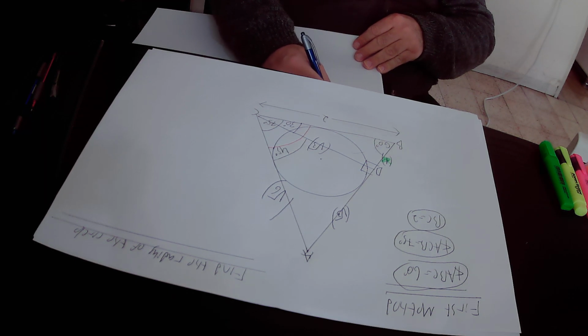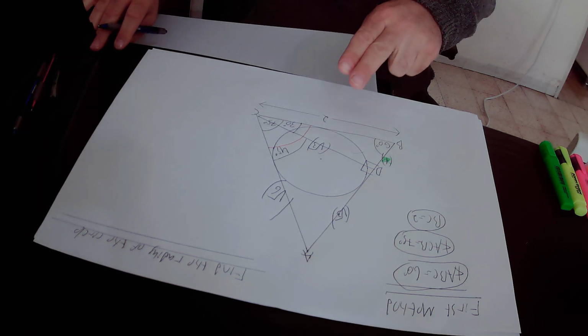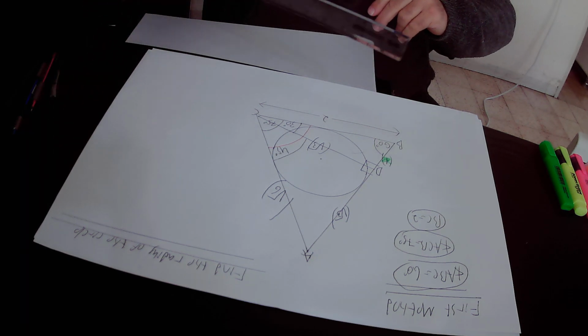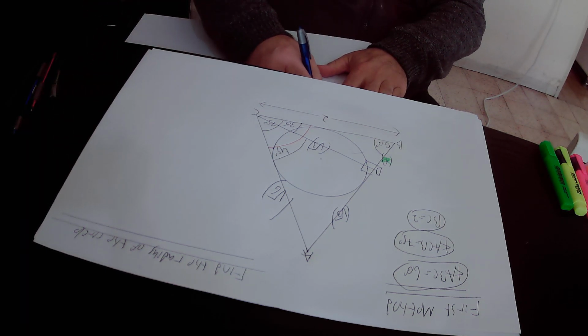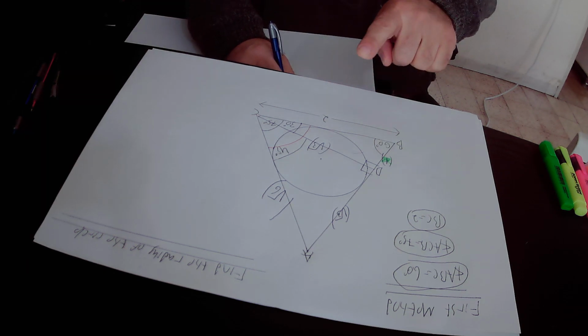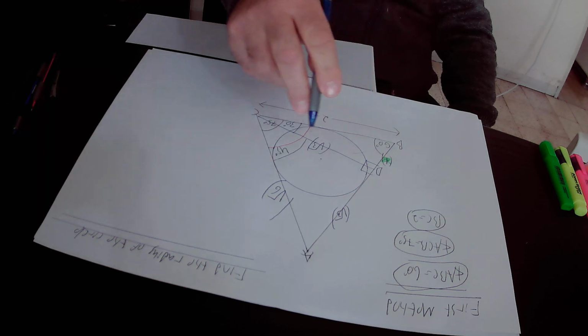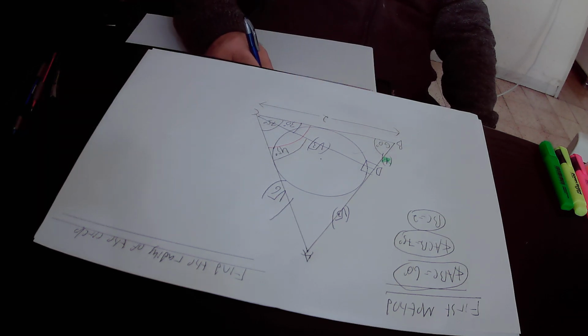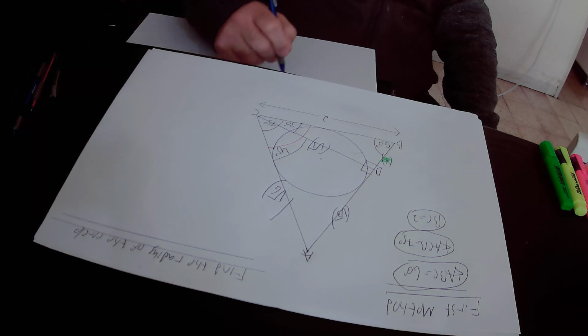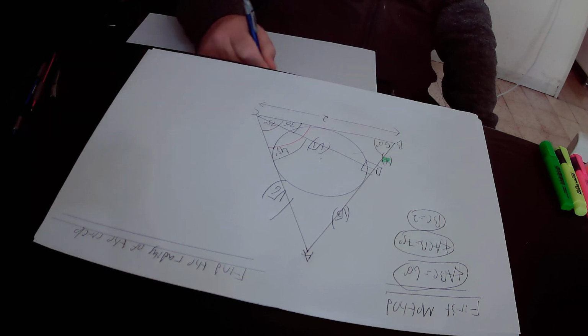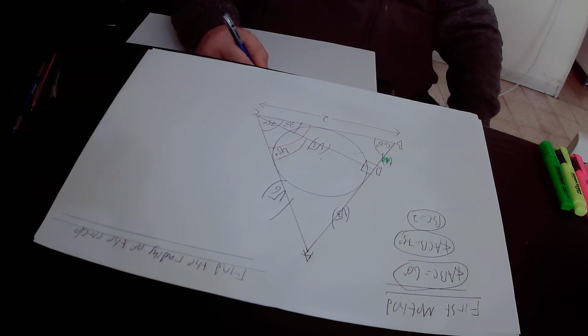So we define the radius of this circle as R. According to rule number 15, the radius R of this circle will be equal to the area of triangle ABC over the semi-perimeter of the same triangle.